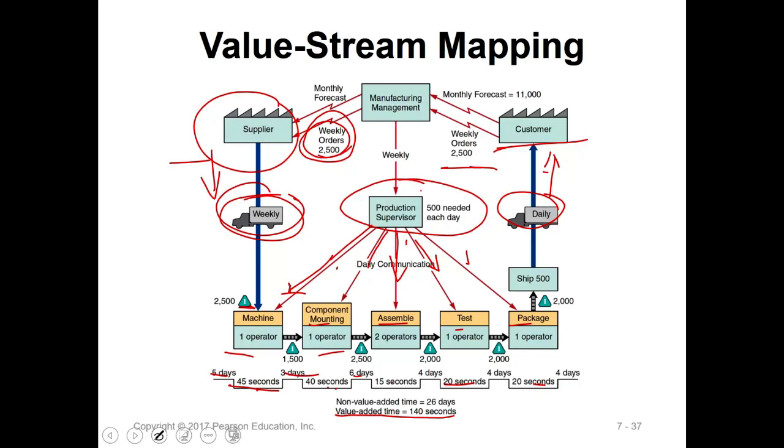This gives us an idea that we have big room to improve the current process and reduce the non-value added operations. Maybe they have to change their inventory schedule and reduce the inventory, and inventory means you have to use a lot of cash flow in the process. That is value stream mapping.